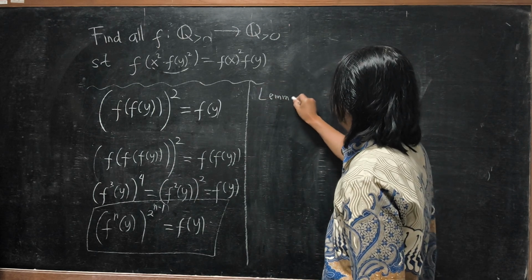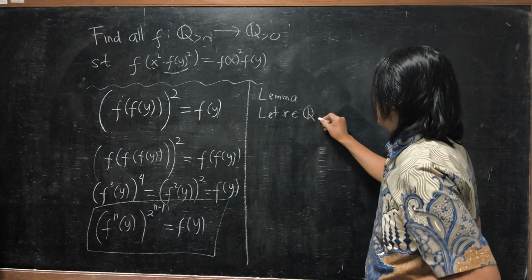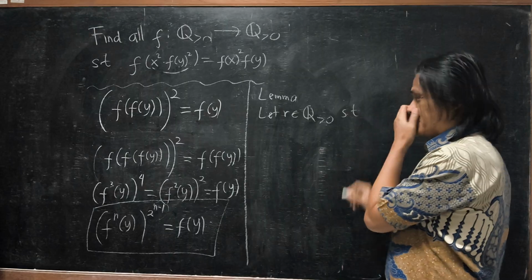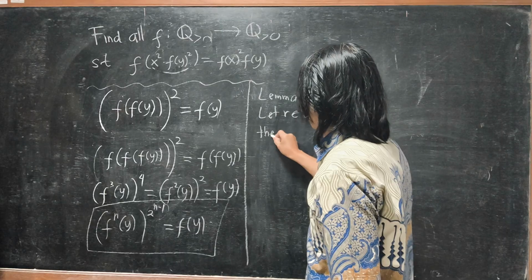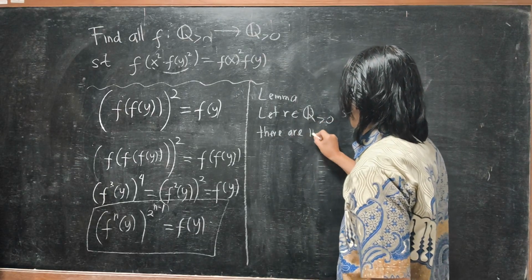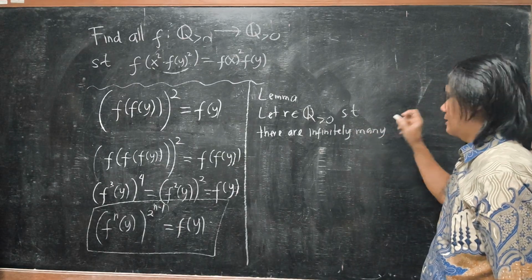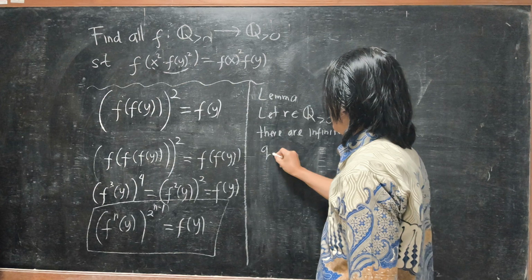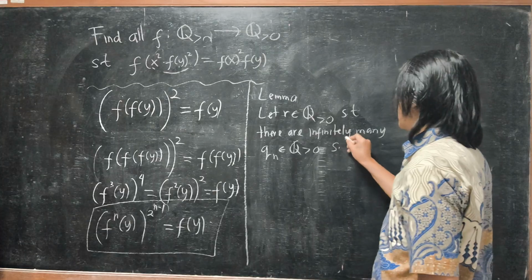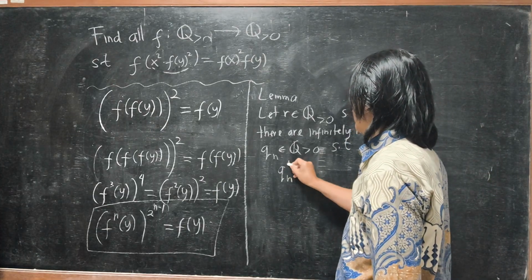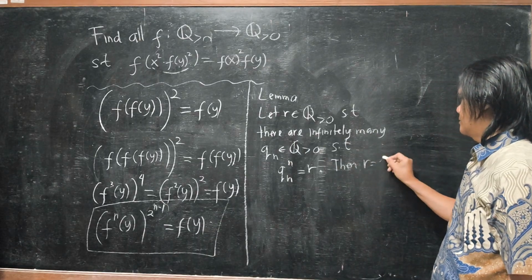Lemma: let R be a positive rational such that there are infinitely many q_n in Q plus such that q_n to the power n is equal to R. Then R is equal to 1.